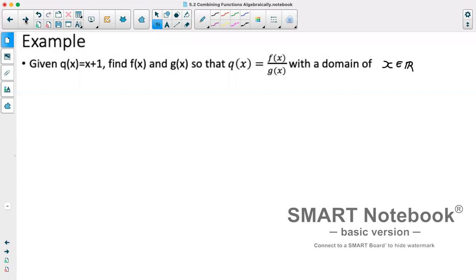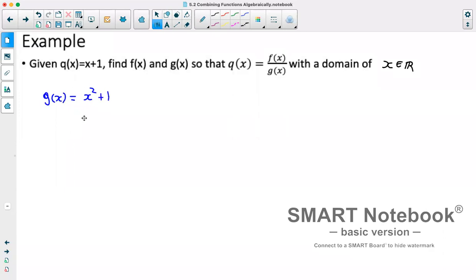So we essentially know what q of x is, and we want to know what f of x and g of x are. With this, what we do is choose a value of g of x, and then with our q of x, we can use those to solve for f of x. We're given a domain of all real numbers, which means we cannot have a non-permissible here. So for example, I might say that g of x is x squared plus 1.